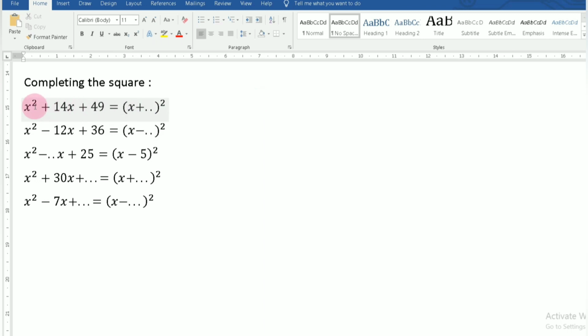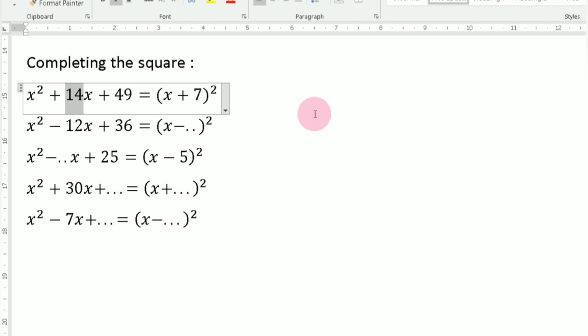Let me go to the first one. x squared plus 14x plus 49 will be equal to (x plus something) squared. The trick is you can use two methods. First, take 14 divided by 2, or take the square root of 49. It becomes 7. This is the product of 2 times 7, and this is the square of 7, right?